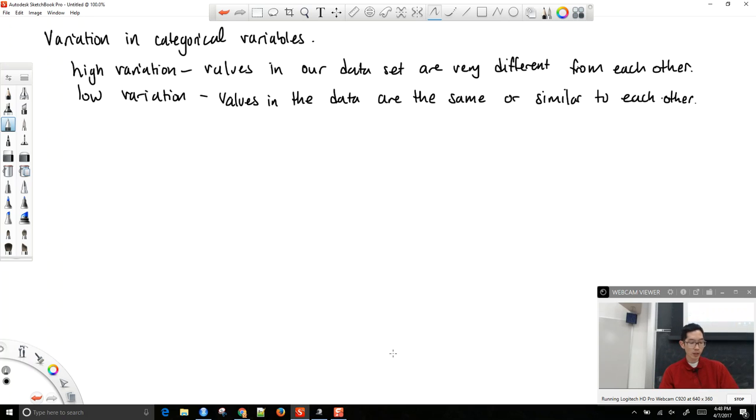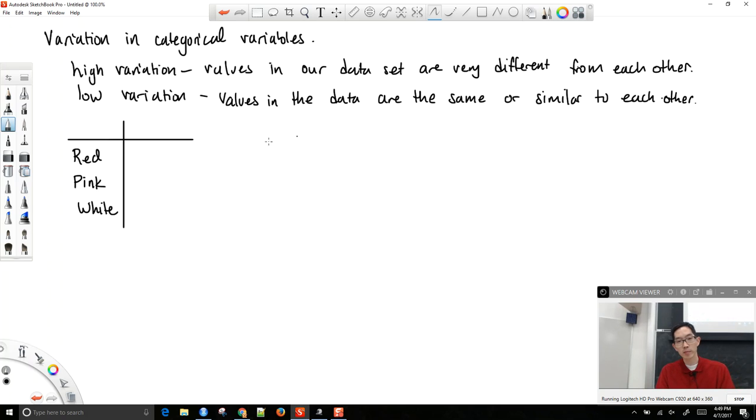Let's say you went to a field, and in this field they have different flowers, and the flowers come in 3 colors. They can have red flowers, pink flowers, and white flowers.